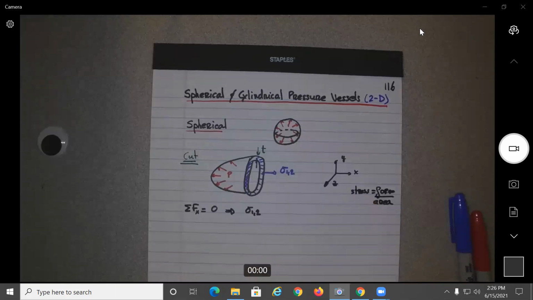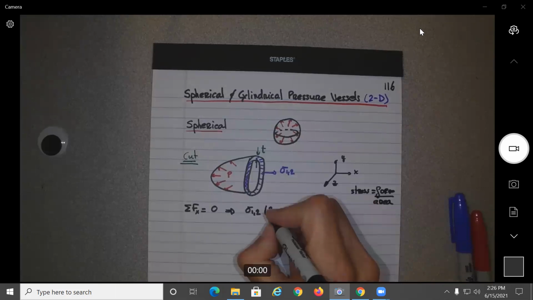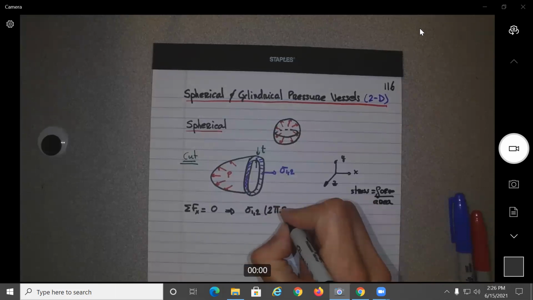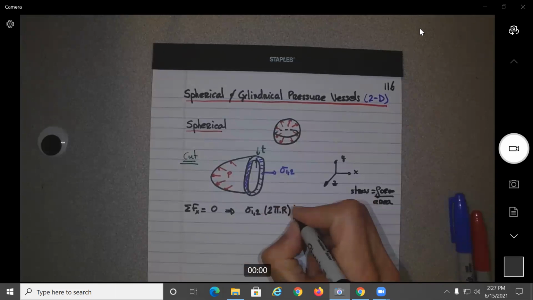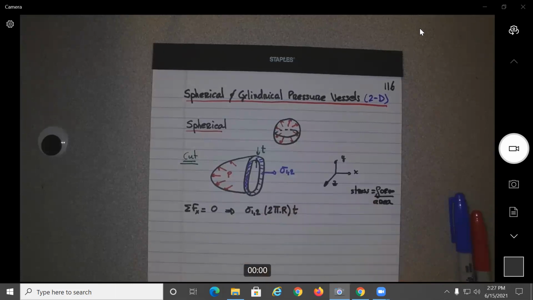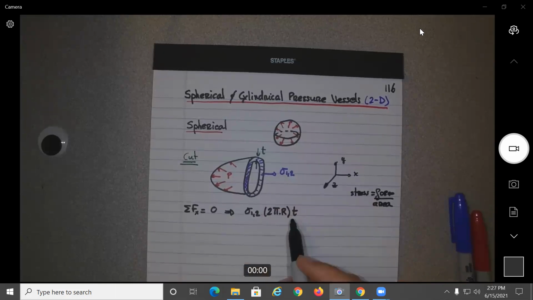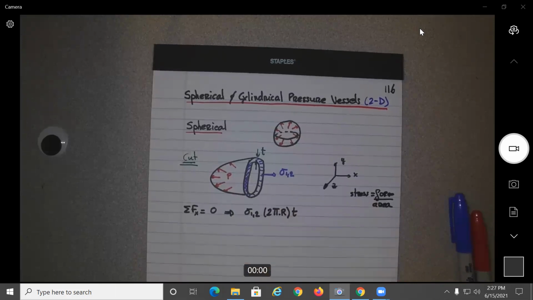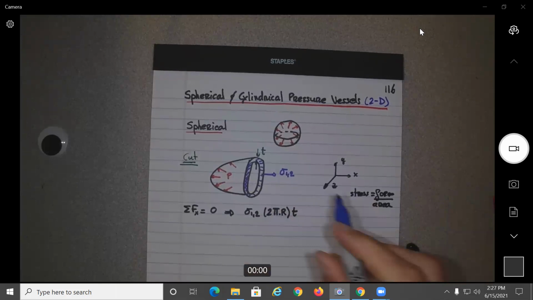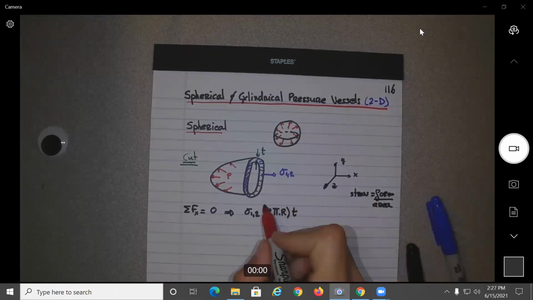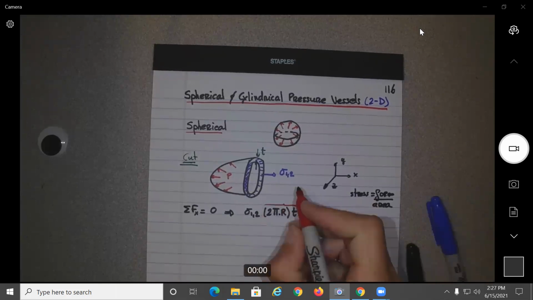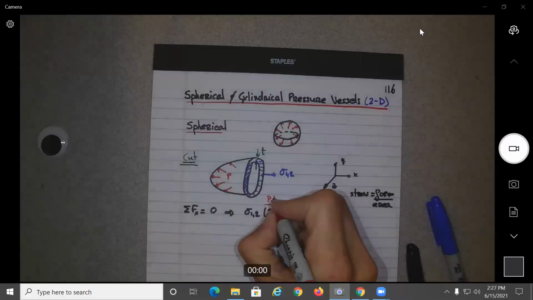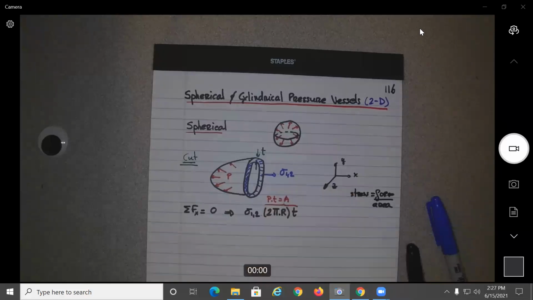So that would be 2 pi r times t. Maybe I should put t on the same bracket, it might be more clear. So this is the perimeter times the thickness equal the area.